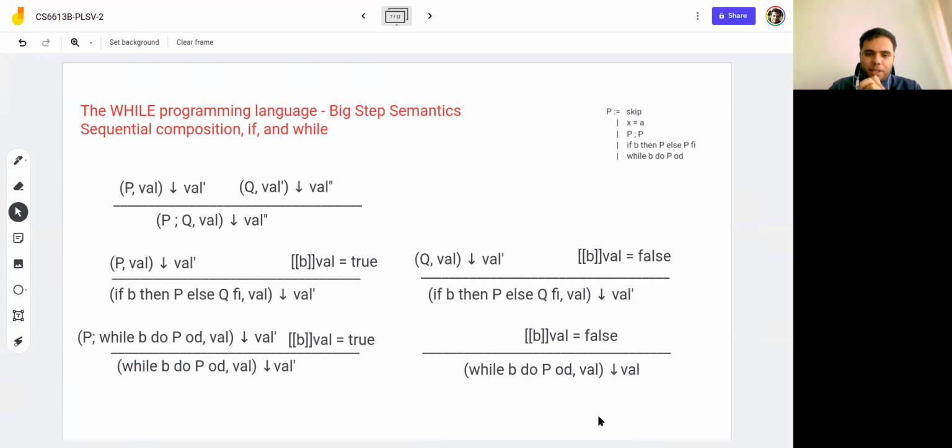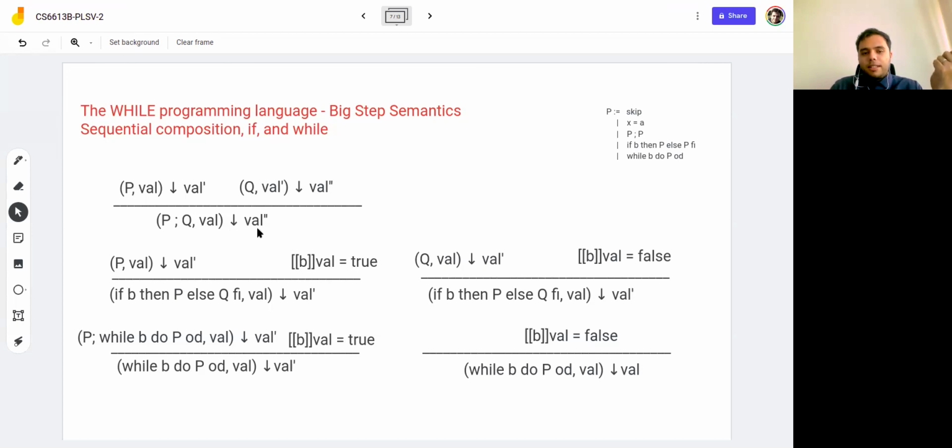So what do you think are the main differences between this kind of semantics and the small step semantics? One thing that you would see right away is that in small step semantics, we really captured all the possible transitions of the program. But here we don't have that. Here we basically only have these down arrows that immediately end the execution of the program.